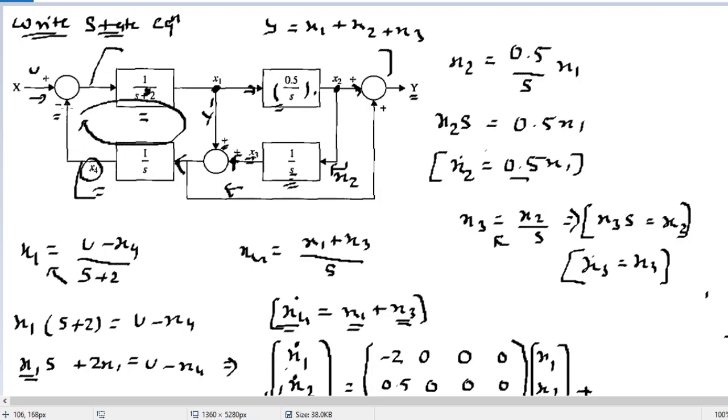But x4 completely vanishes in that block; it doesn't cross over and come into the y signal. So we have calculated it like this, and now it becomes the equation of y.